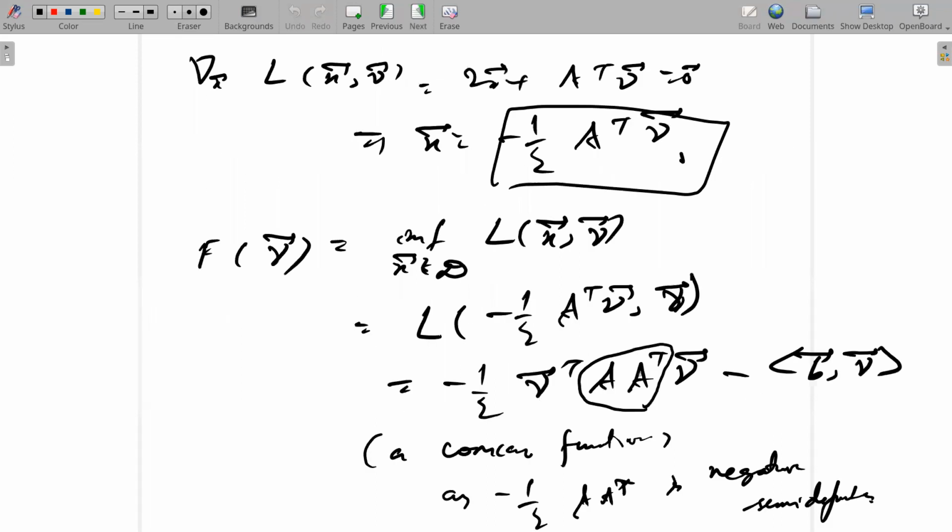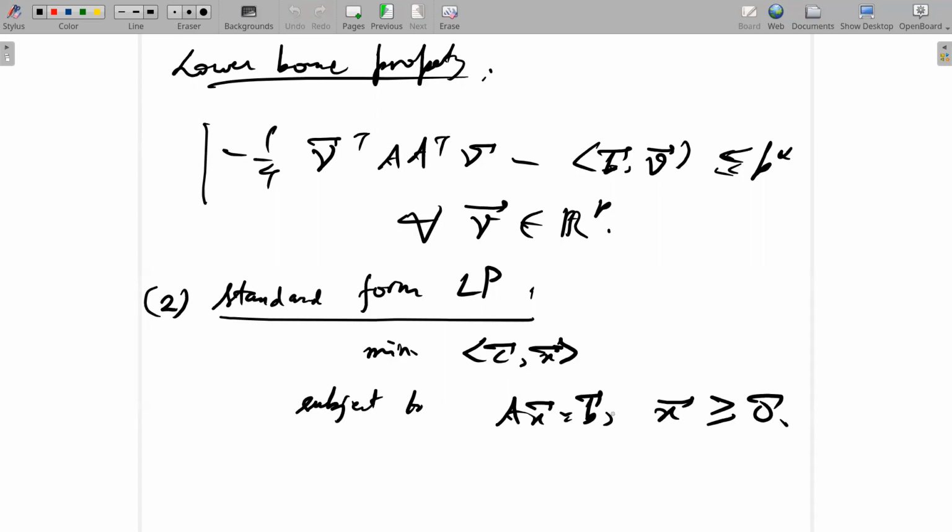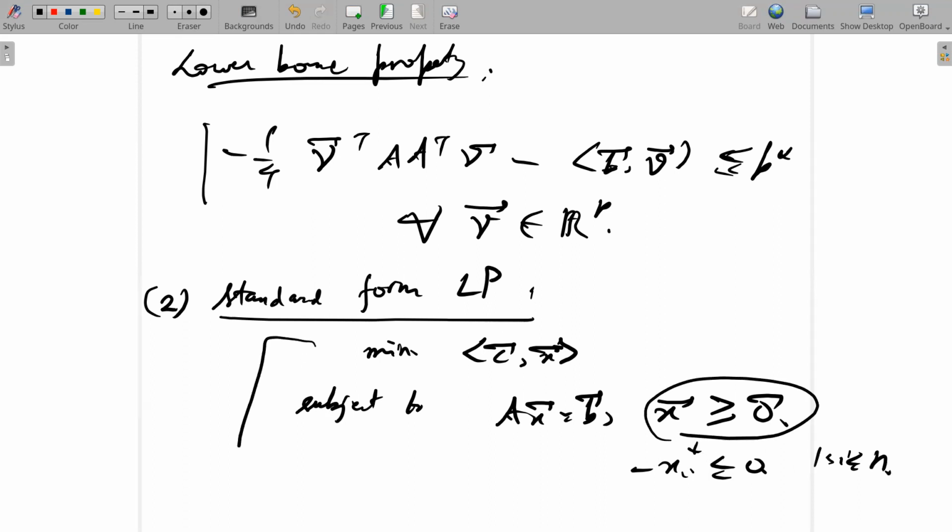And since here we are looking at inequalities the other way, let's just say minus xi is less than or equal to 0 for 1 less than or equal to i less than or equal to n. So I'm just rephrasing this in this form. Okay, so this right here is the standard form of linear programming problems.